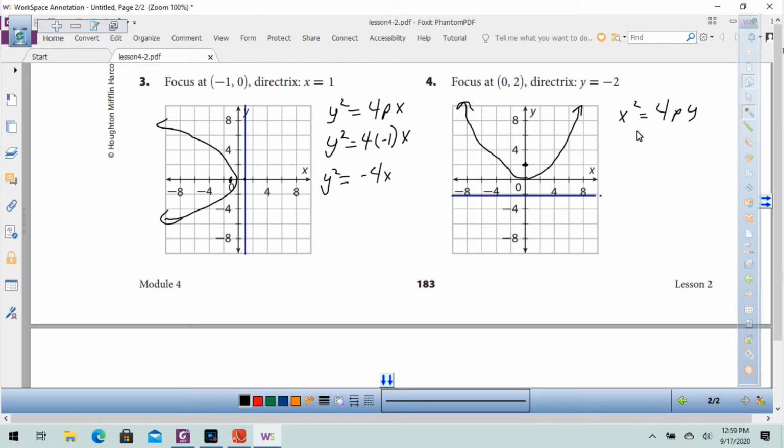P is going to be 2, so we're going to have x squared equals 4 times 2y. So x squared equals 8y. Good. Notice that the vertex is always halfway between the focus and the directrix. The focus is always inside the parabola. Those are important things to remember. They'll help you figure them out.